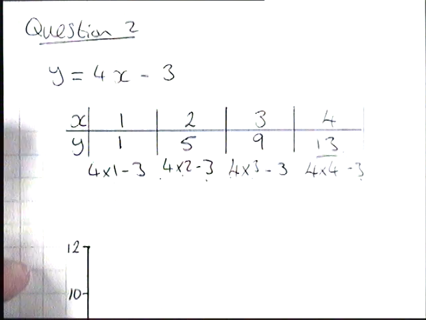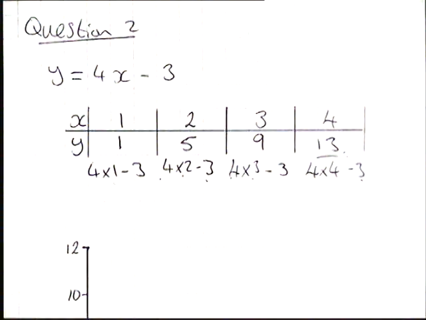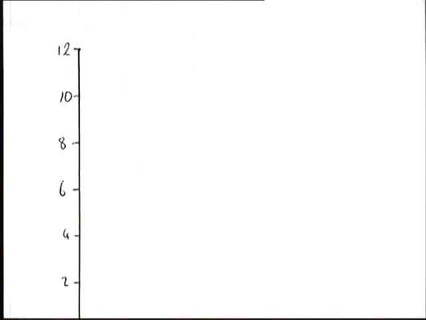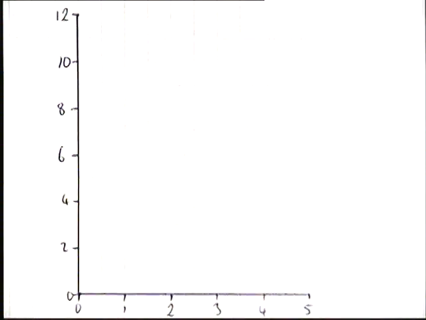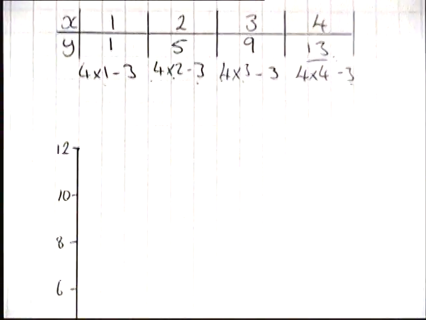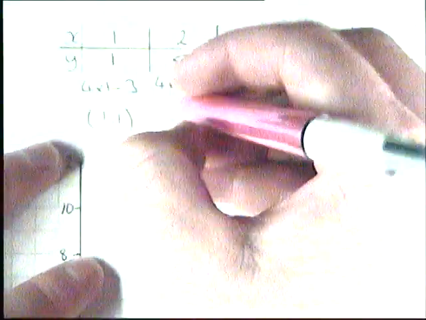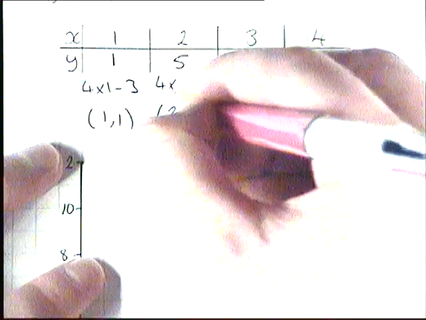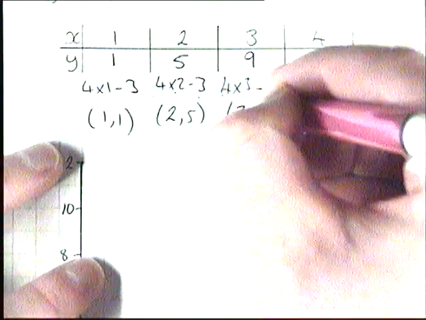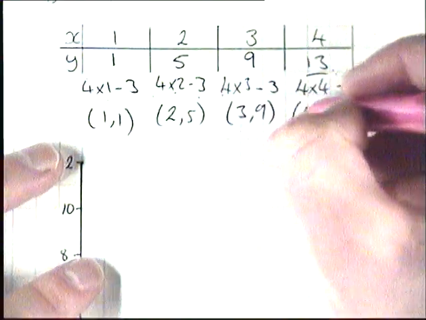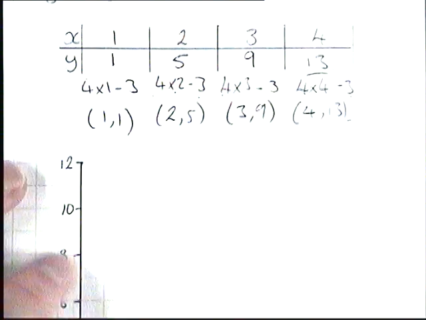So we're not quite going to be able to plot that last one on the graph, but we can still draw our straight line. So if we go to our axes, we've got our coordinates now. We've got 1, 1, 2, 5, 3, 9, and 4, 13.